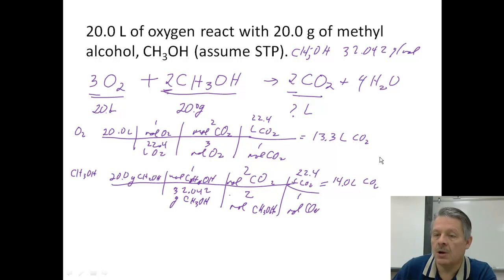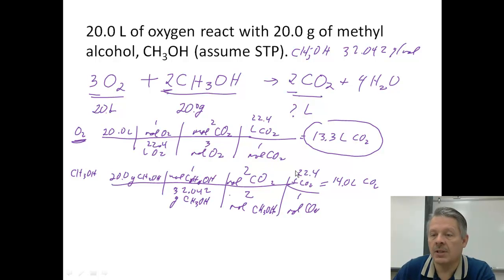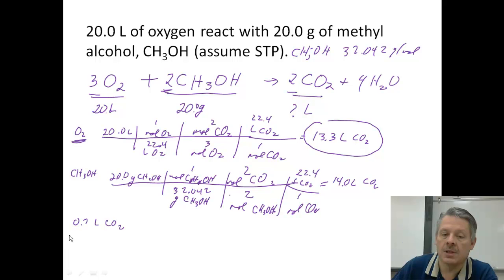So they're pretty close, but clearly oxygen's our limiting reactant. So oxygen's limiting, and we have 0.7 liters that were not able to be produced, because 14 minus 13.3 is 0.7. So 0.7 liters of CO2 we have to convert back to the thing we had in excess, because we want to figure out how much we had left over that we did not use.